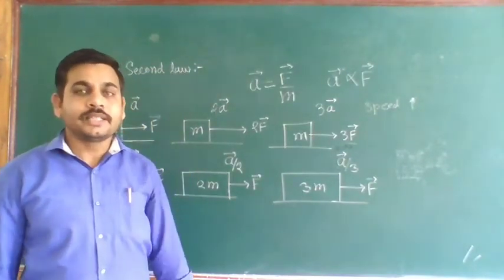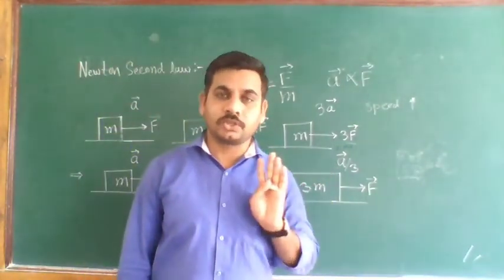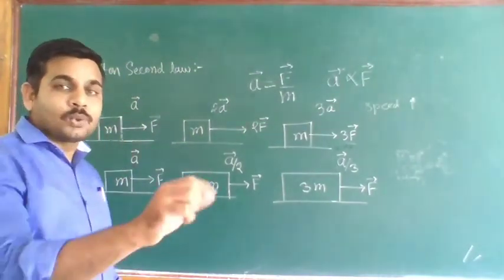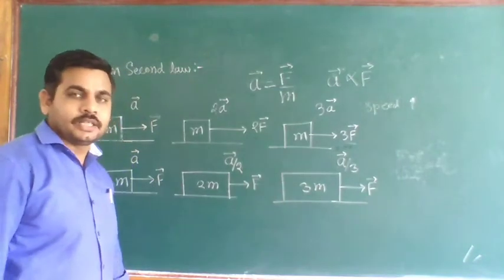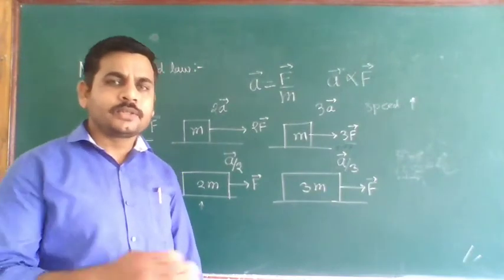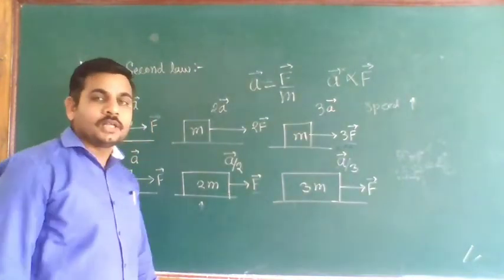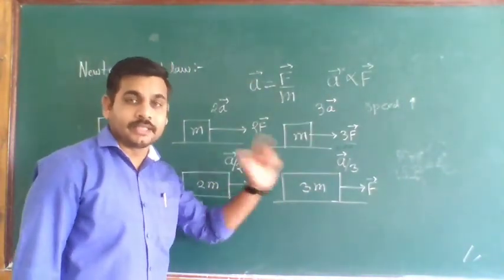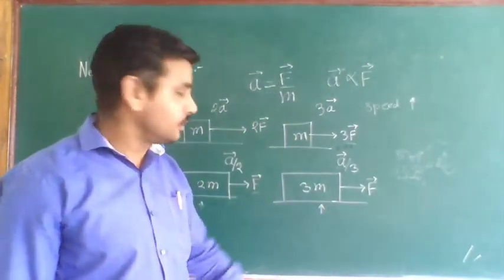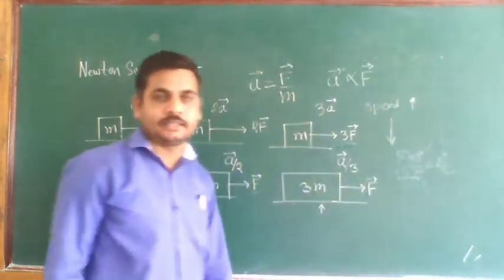Now in the second case, the force is kept constant. Whatever force is used in your first case, the same force will be applied in both cases. Now make a double seat from your back side, and seat your friend. In that condition, if you apply the same force, the speed of the bike will decrease. Again, make a triple seat, and for the same force your speed will decrease even more.